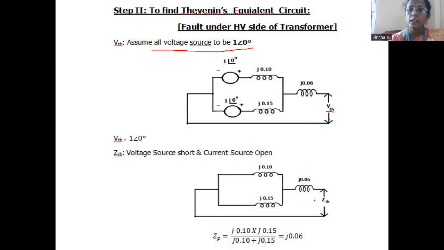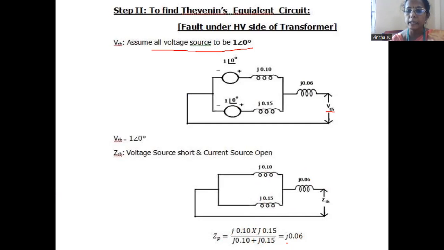So first for the parallel connection, if two impedances are connected in parallel, then we write R1 R2 divided by R1 plus R2. Here also, j0.1 into j0.15 divided by j0.1 plus j0.15.